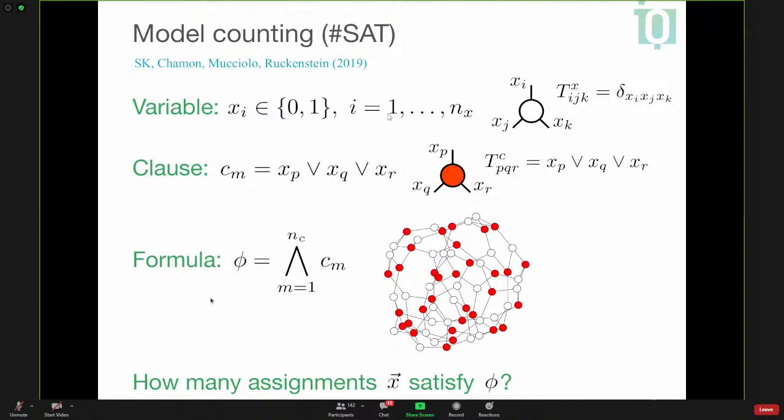And then you can write a Boolean formula like this, which is a conjunction of many such clauses. So these clauses have ORs in them, and now you take a big AND. So you want them to be all valid simultaneously. And so you want to count how many assignments of these Boolean variables satisfy such a formula. And this is called the satisfiability problem or model counting. Okay, and it looks again like a tensor network based on this translation.